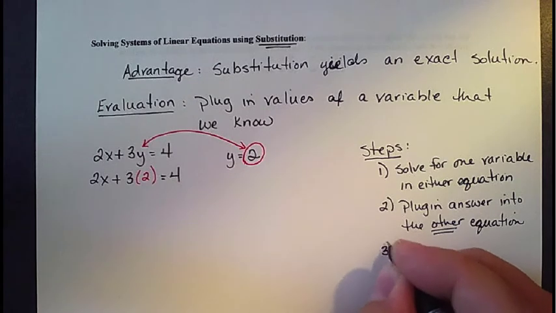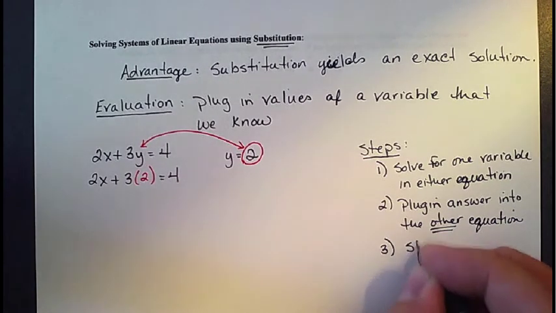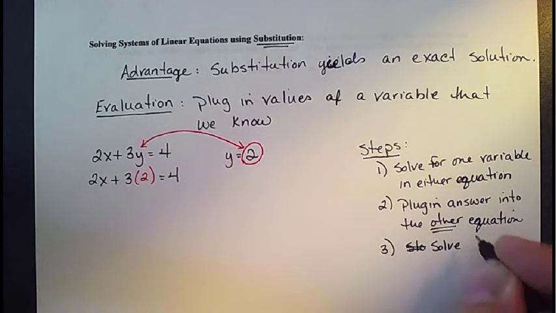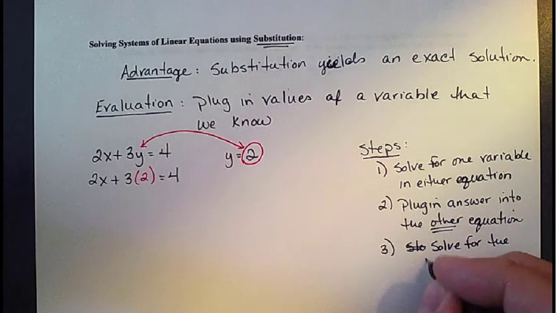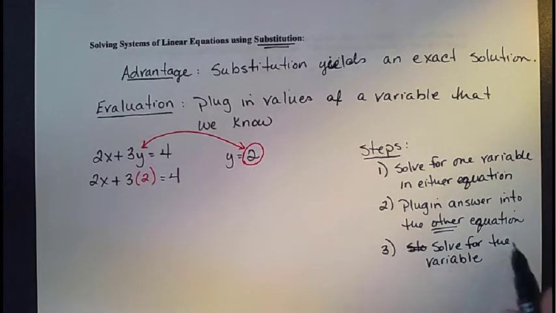3. Once you do that, you're going to solve for the variable. And here, on this step, I'm going to get, say, x equals 2 or y equals 4. Some version of y that is, or x that is going to be a whole number.